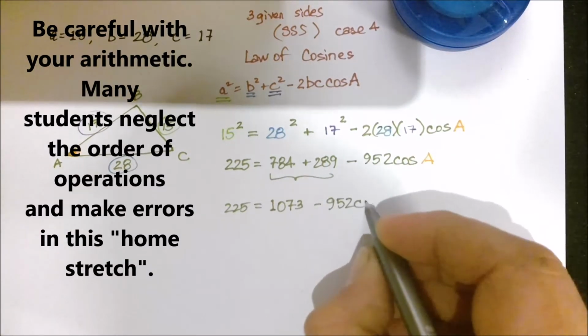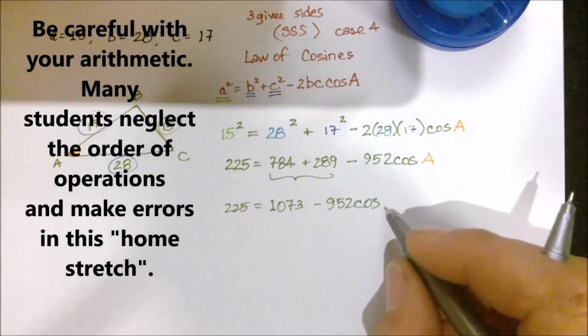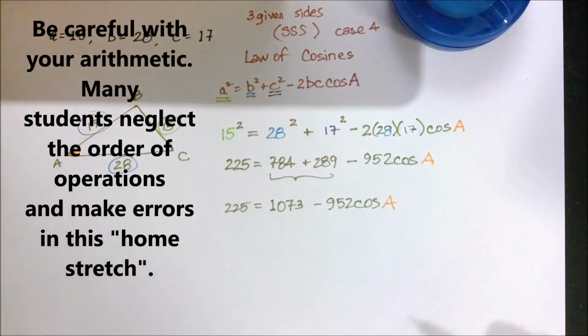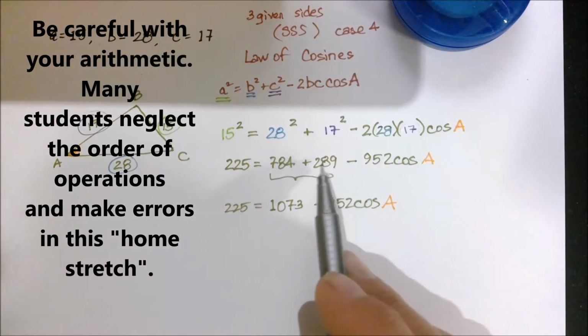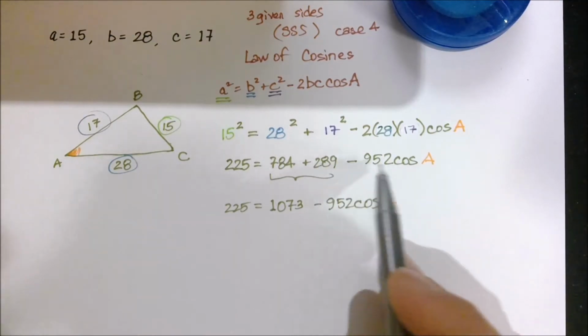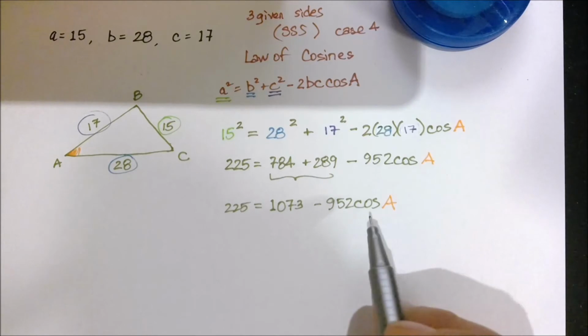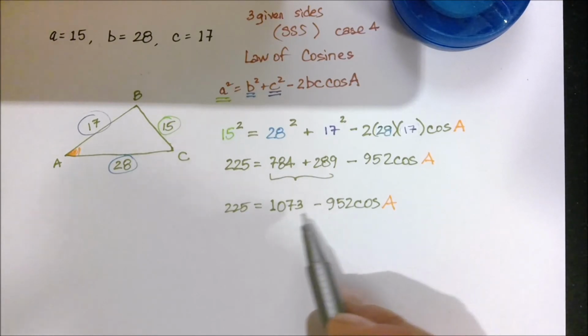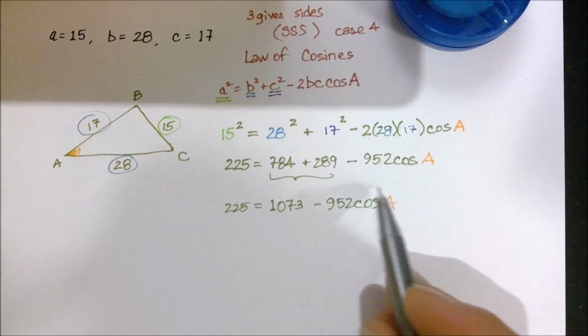I do want to point out, right here is where almost every mistake in these triangles happens. So many people put these 2 numbers together. Or up here, they put those 2 together, 289 and 952. Order of operations says you can't subtract before you multiply.